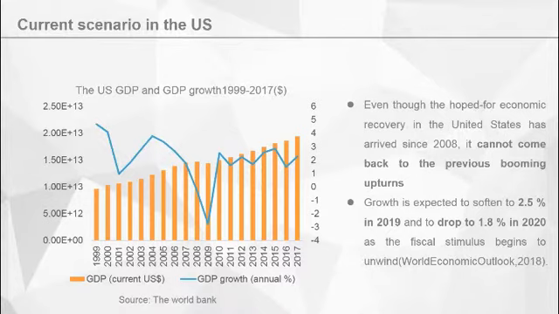Even though one or 2 years later the United States was already in recovery, it could not come back to the previous booming upturns. It's almost below 3%. On the other hand, according to the World Economic Outlook, it predicts that the growth will drop in 2 years.